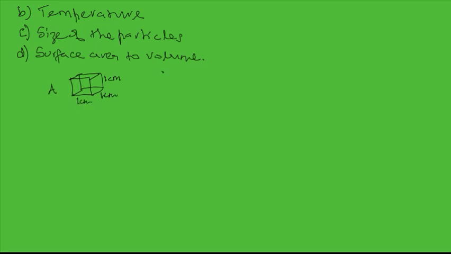So the surface area here is equal to 1 times 1 times 6, that gives you 6, and then the volume is 1 times 1 times 1, which gives you 1. Hence, surface area to volume ratio is 6 to 1.